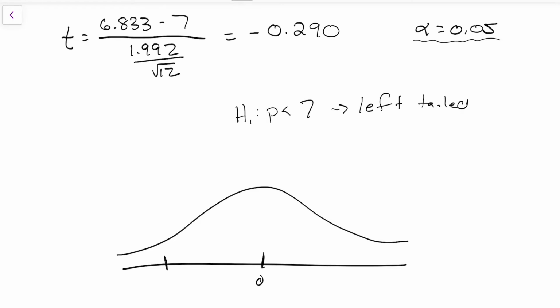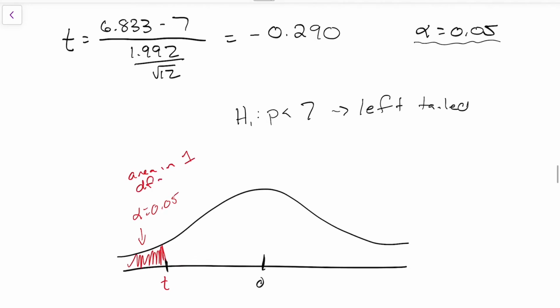So my region has that whole alpha value of 0.05 to the left. This value of t, I'm going to have to read off the chart. This is going to be the area in one tail, and the degrees of freedom is n minus 1, which in this case is 12 minus 1, which is 11.